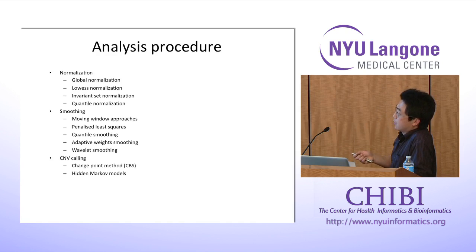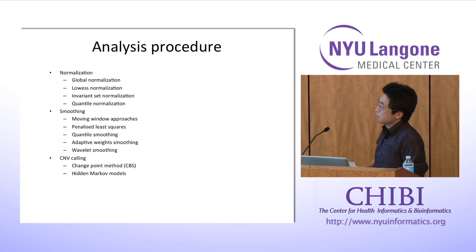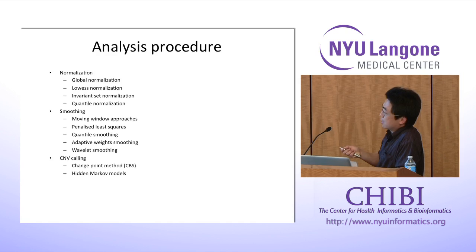And there's a program, dChip, developed by the Harvard group. They use this invariant set normalization very often. And I will show a result using this program, where they discovered some really interesting results.